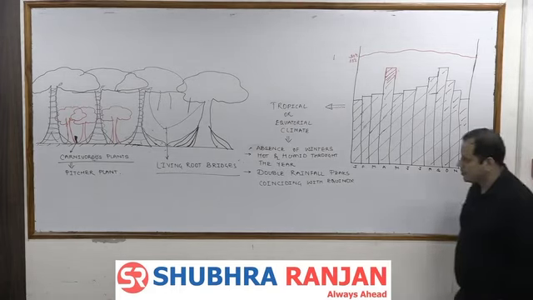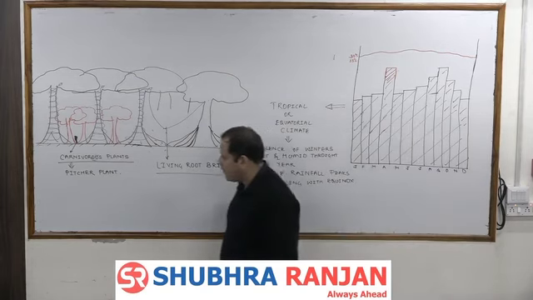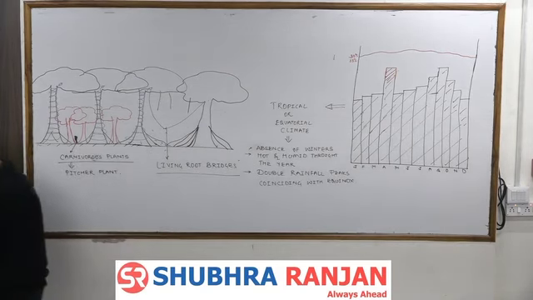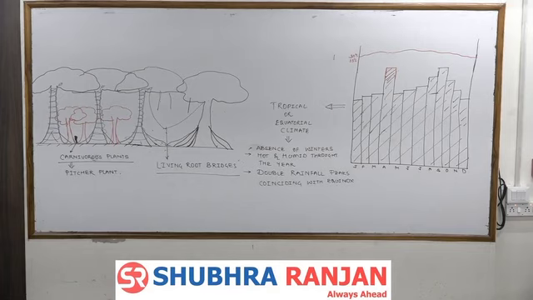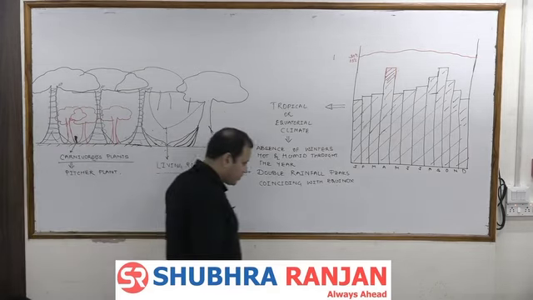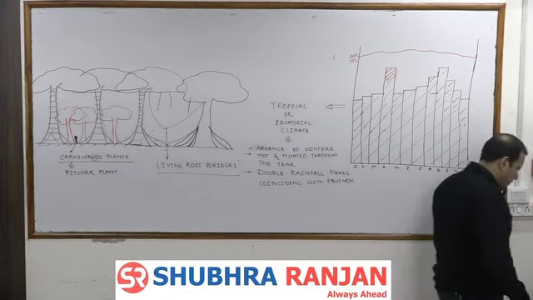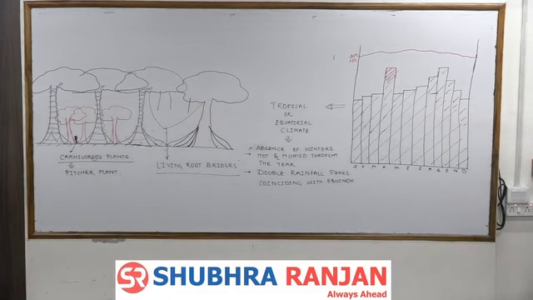The top layer grows up to a maximum height, which blocks most of the sunlight. Second is the intermediate layer, not at all important from the exam point of view.